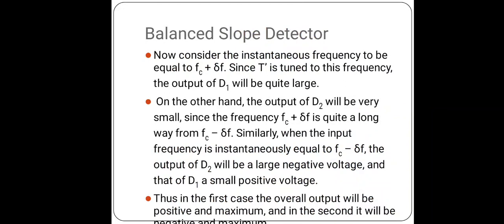Next, the balanced slope detector. Now consider the instantaneous frequency to be equal to FC plus del F, since T1 is tuned to this frequency. The output of D1 will be quite large.